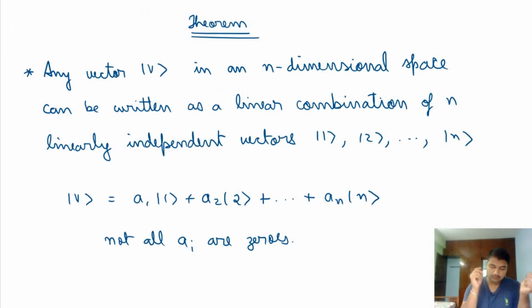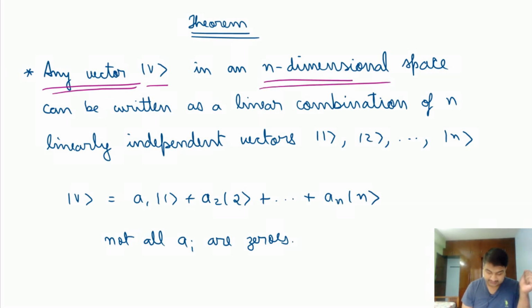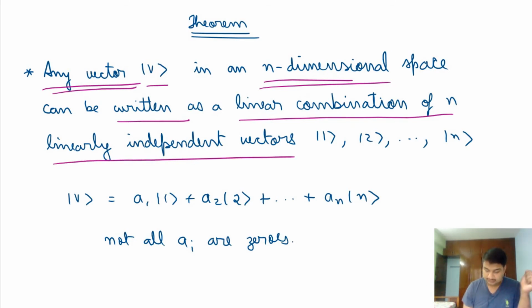Now we go to an important theorem, which is a consequence of the definition of dimension of a vector space. The theorem is as follows. Any vector v in an n-dimensional vector space can be written as a linear combination of n linearly independent vectors, which I call v1, v2 up till vn.